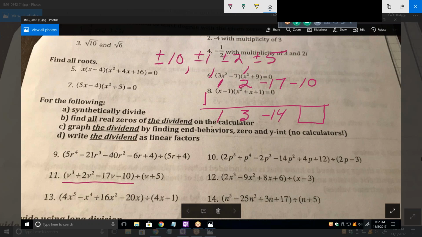Let's try negative 1. I don't have to complete it and figure out what that number is. If it's not 0, then it's not my answer. That's minus 18. That's not going to work either.